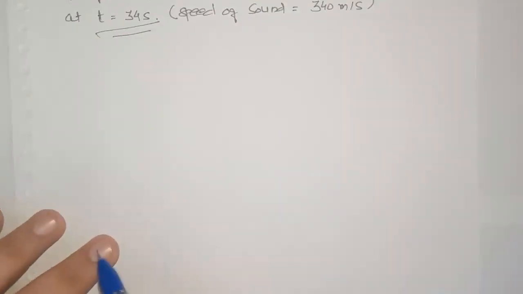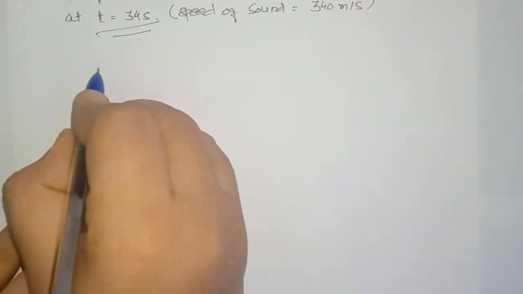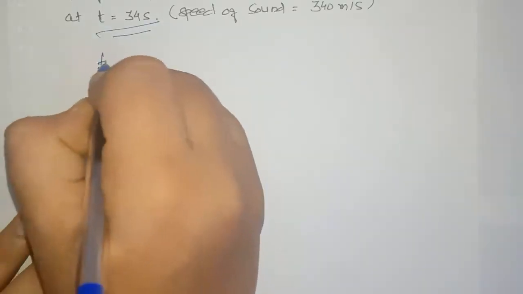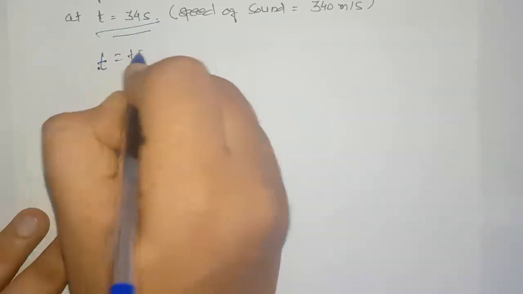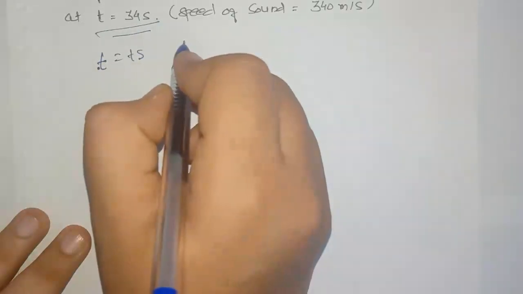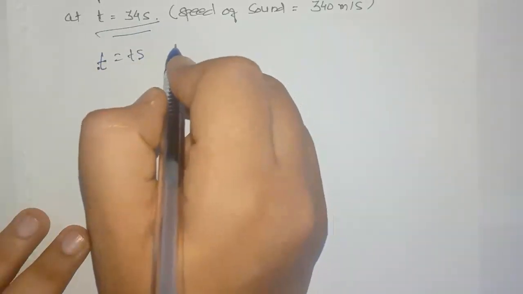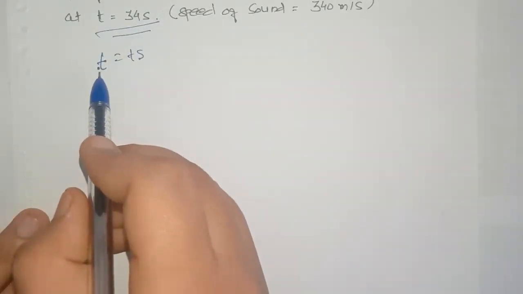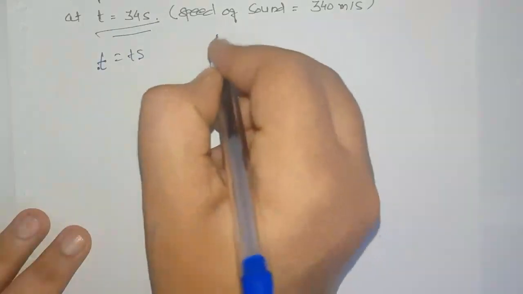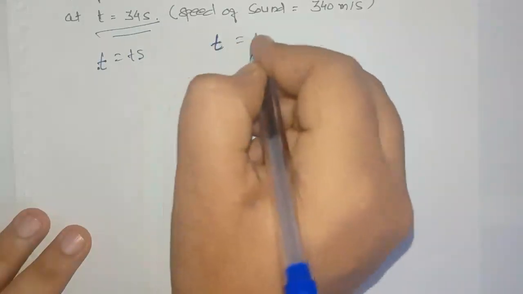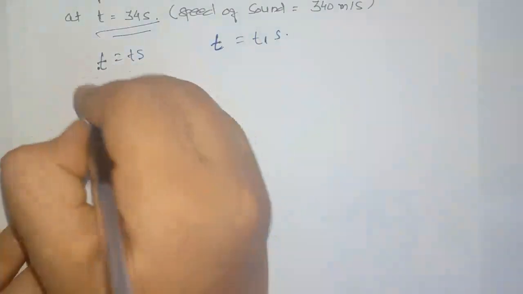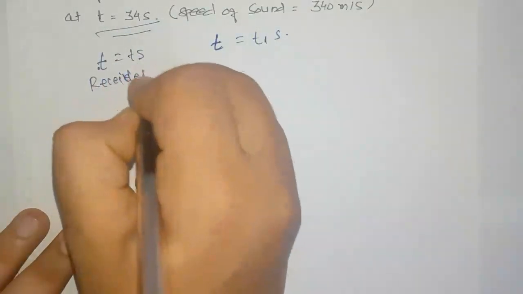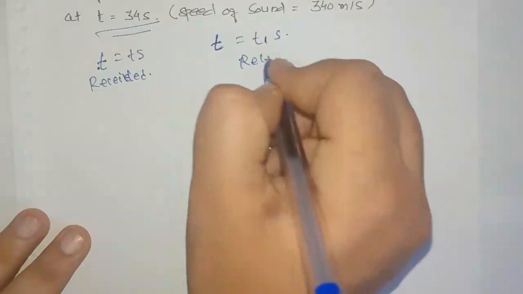So let the sound detector receive sound at t equals t second, and it was released by the source at t equals t1 second. This is received and this is released.